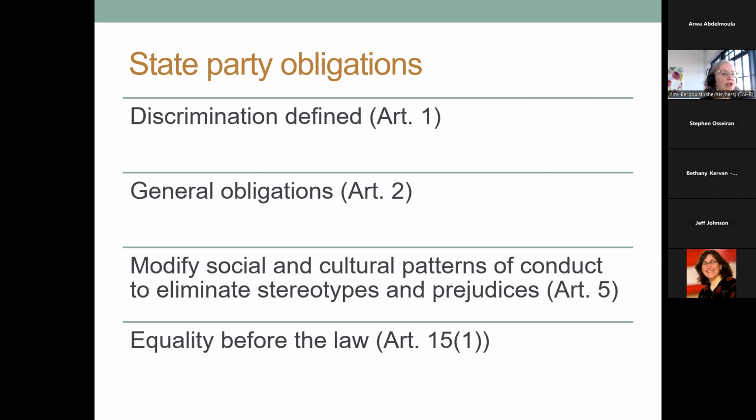The relevant language to look at is what amounts to discrimination against women. And we see in the treaty that women have the right to equality before the law, that state parties have an obligation to modify social and cultural patterns of conduct, to eliminate stereotypes and prejudices. And so all wrapped up in this is that when we're talking about death penalty issues as they affect women and other gender minorities, we talk about the process by which they're sentenced to death.